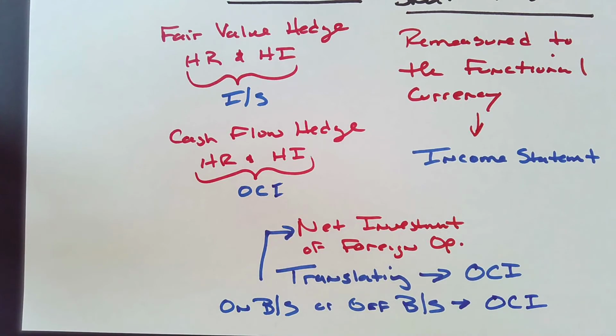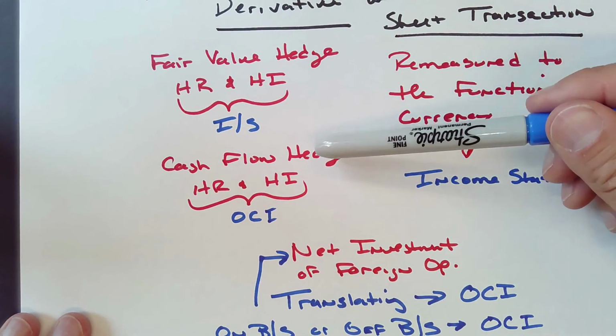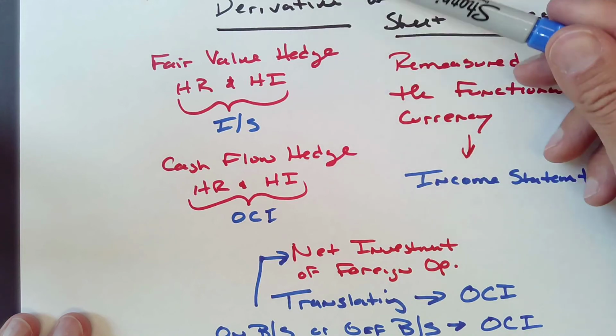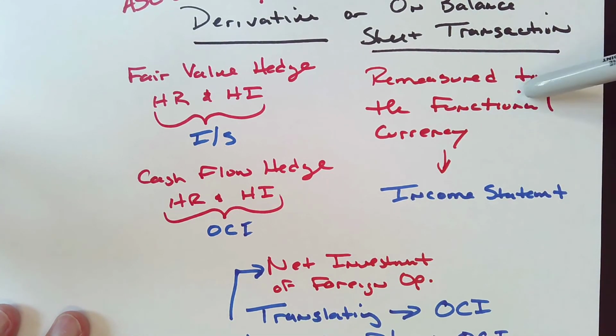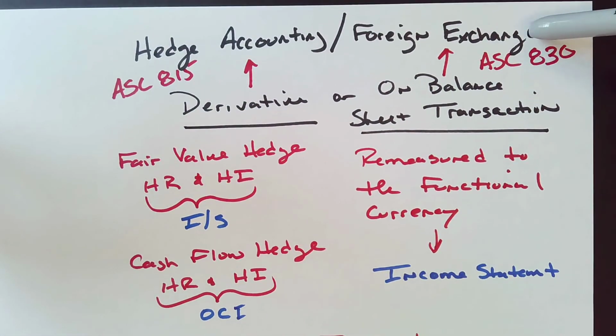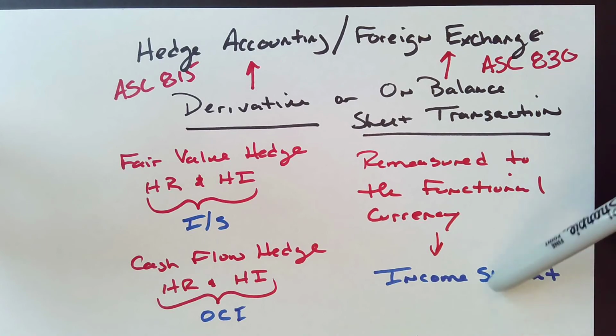So we'll go through and try to do some examples. We're going to go through and do some examples of each of these types of instruments in derivative accounting, and also just kind of remind ourselves that when we're doing it here for on balance sheet stuff, everything's going through the income statement because everything has to be remeasured into the income statement.